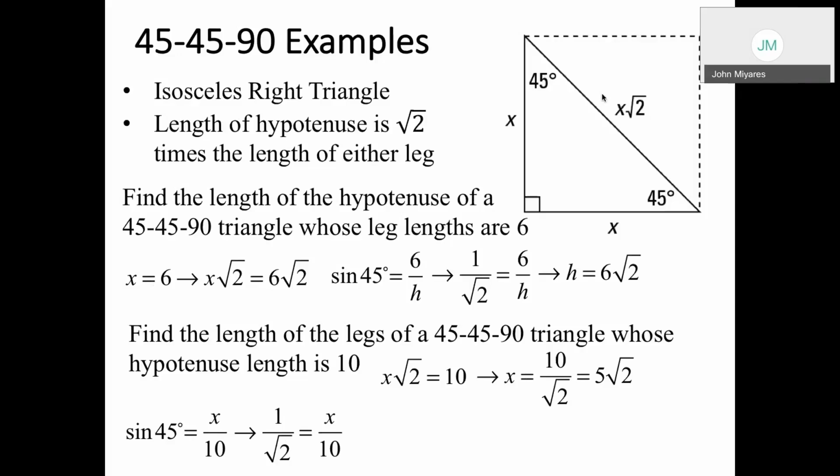So we can set that equal to the fraction x over 10. Cross multiplying gives the square root of 2 times x equals 10, which we can then divide out to get x equals 10 over the square root of 2, which again will rationalize as 5 times the square root of 2.